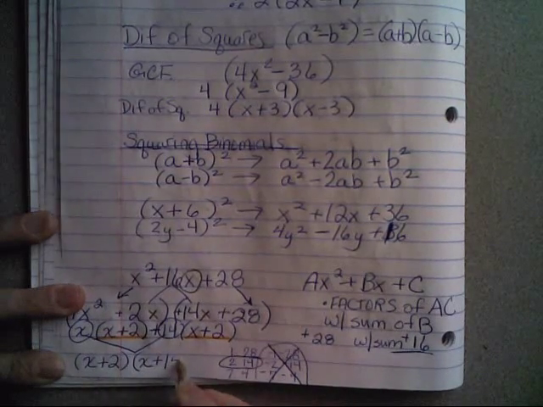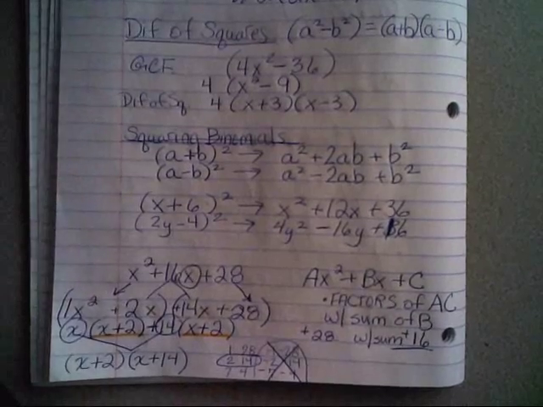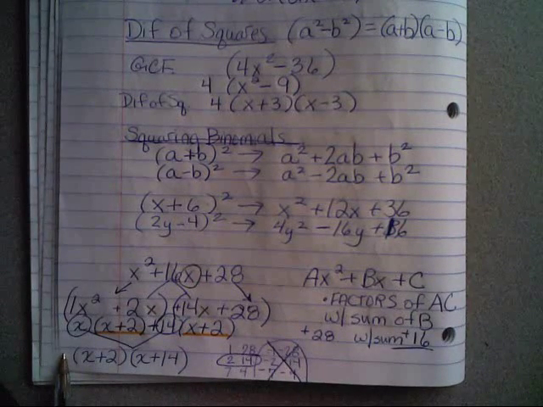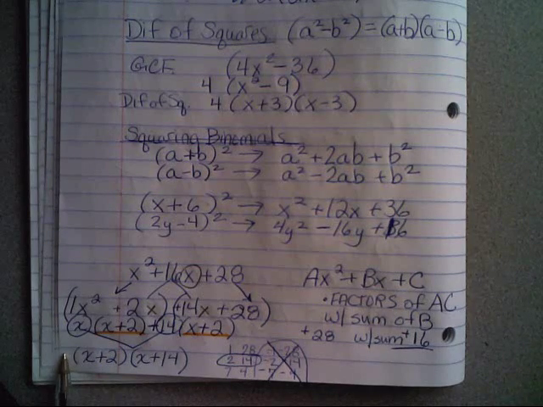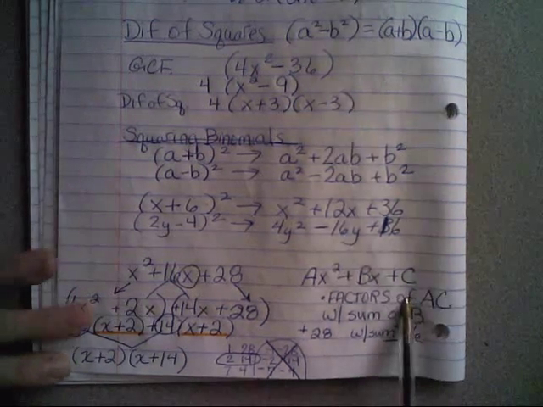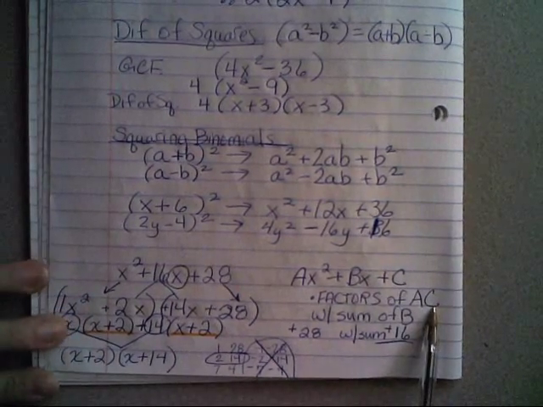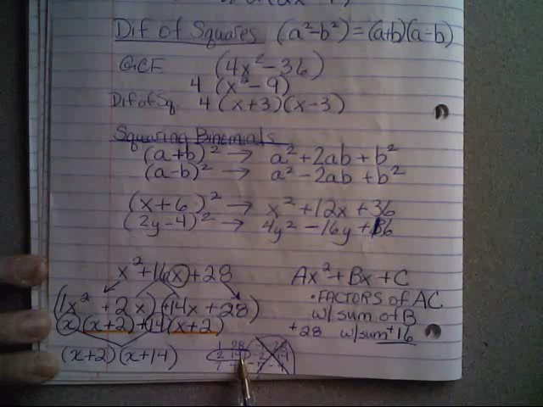You're all thinking this is really complicated. Trust me, it's easier than the method the book teaches you. You're now done. This process will become second nature to you after you've done it enough times, I promise. Look for factors of AC that have a sum of B. We identified those.